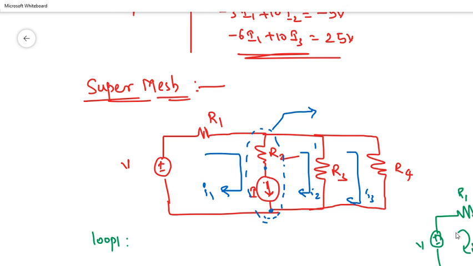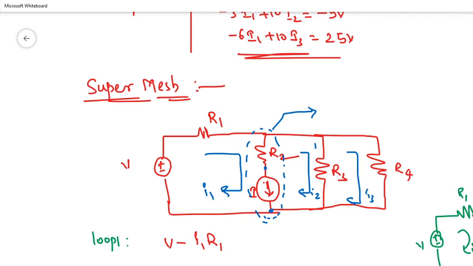So loop 1: first, the voltage source is entering at the negative terminal, that is the current direction. So the voltage source we should consider as positive, and then the current passes through the R1 resistor, that is I1 into R1. So I1 only up to here. Then what is the current that passes through R3? That is I2. And in the second loop, I3 also passes through R3.